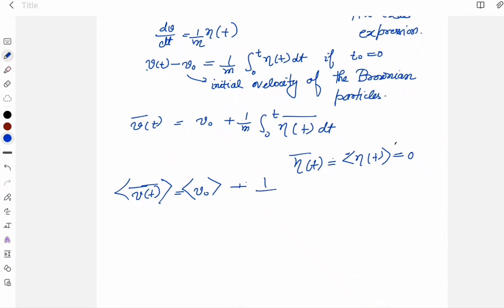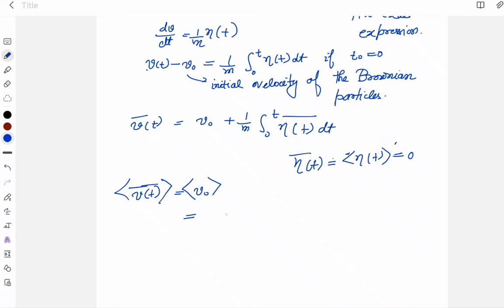Plus one over m, this part is 0, so we average V0.